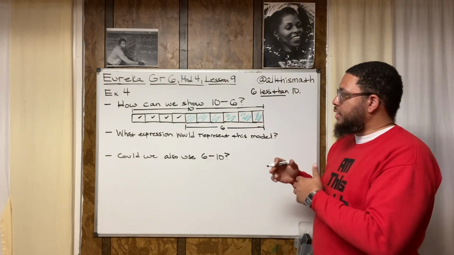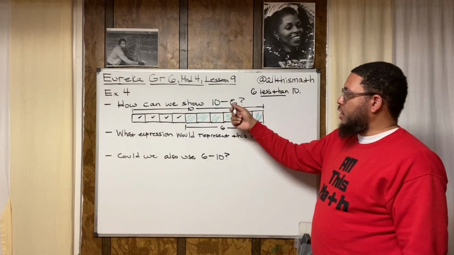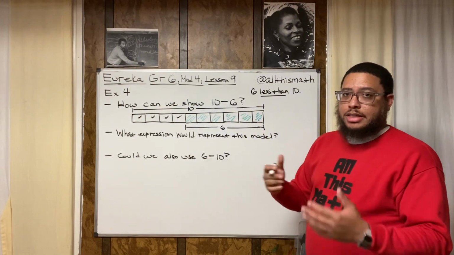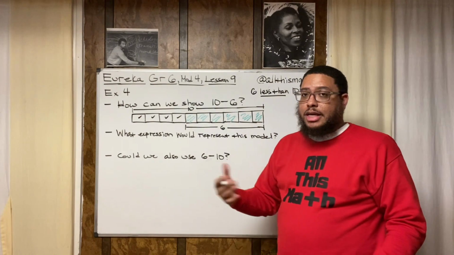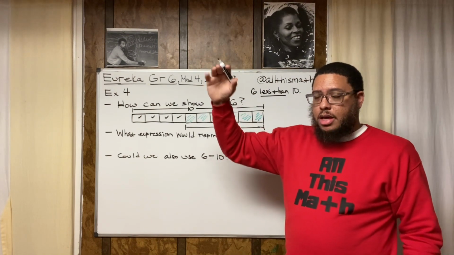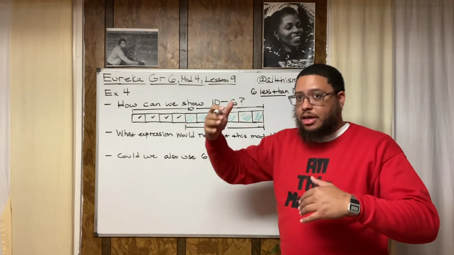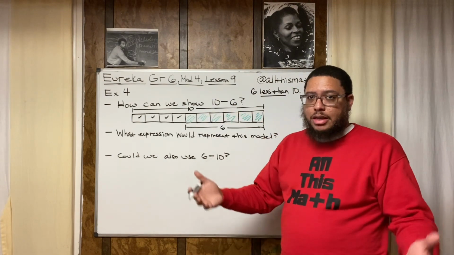So what I'm really expressing is 10 minus 6, because this tells me how much I have if I have 6 less than 10. What number is 6 less than 10? I start with 10 and I take 6 away, which leaves me with 4. 10 minus 6 is 4.